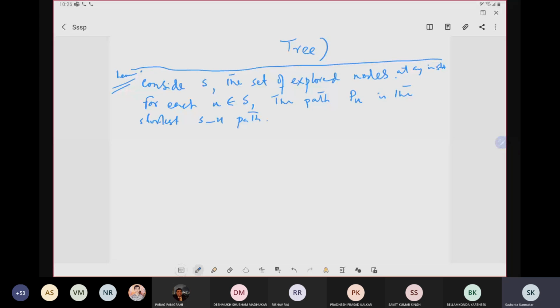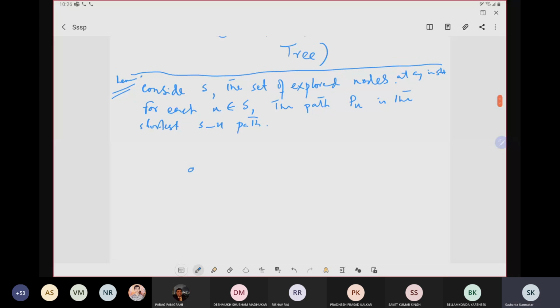That means in this S, let's say I make a partition. This is my source, the smallest, and this is my partition S. This side is V minus S. So whatever vertex I take in this region, let's say this is U, I may have a path to U. That path must be the shortest from S to U.